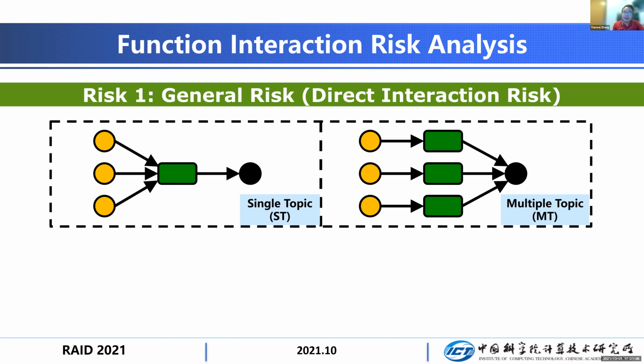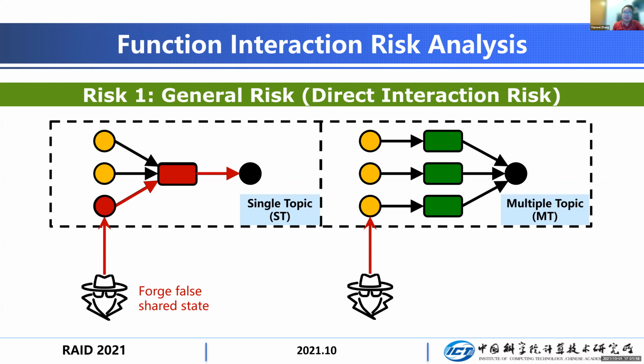In either topology, it is possible that one of the yellow nodes is malicious, controlled by the adversary. In this case, the adversary can try to send malicious messages or fake the state of the robot. Then the state of the robot will be compromised, which will affect other yellow nodes. So this is the first type of risk, general risk, caused by the direct interaction.